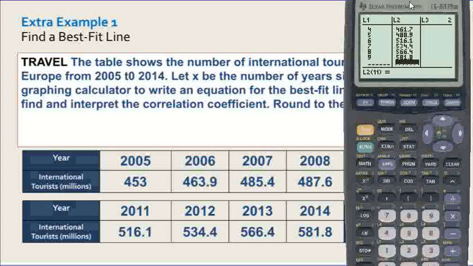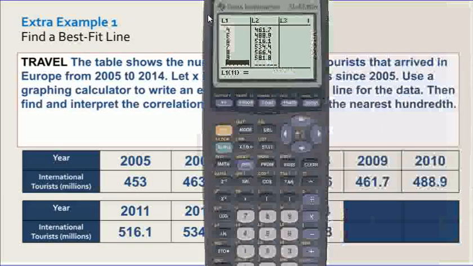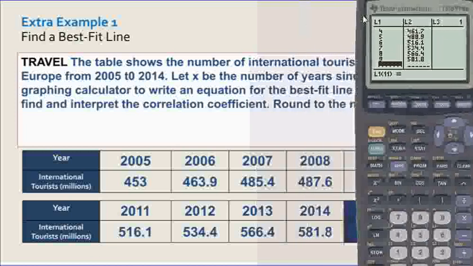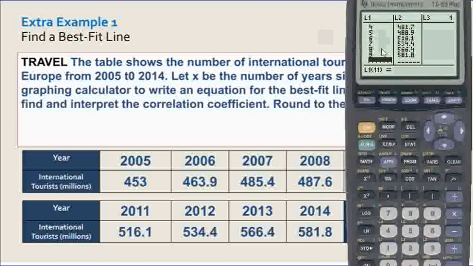You'll notice that I have one less here, so I need to put, actually no, it matches up here. So we've got 1, 2, 3, 4, 5, 6, 7, 8, 9, 10 years. So I have 10 years here.